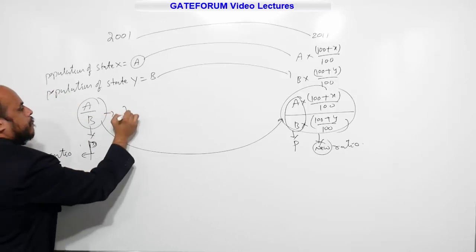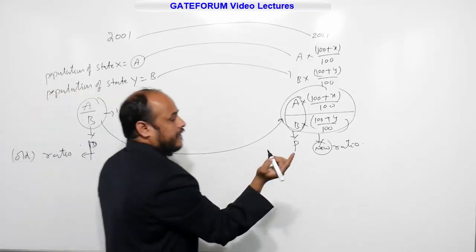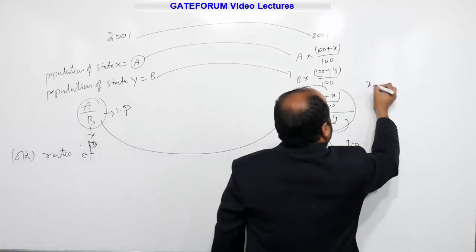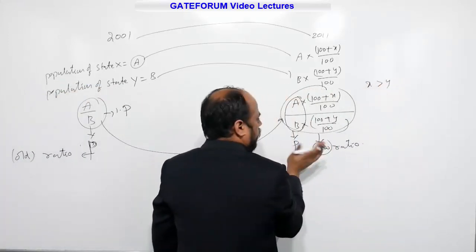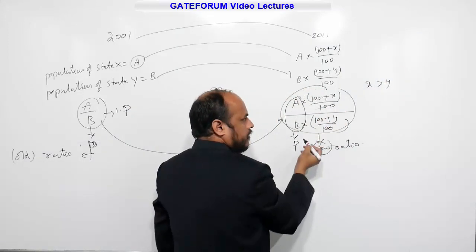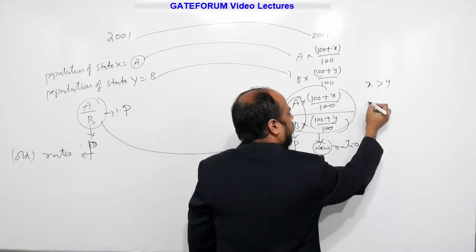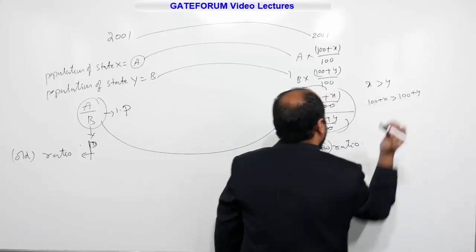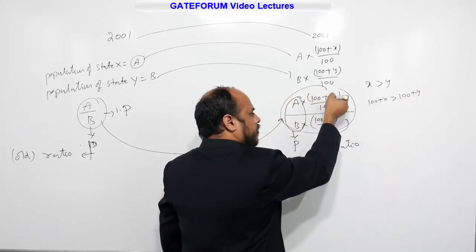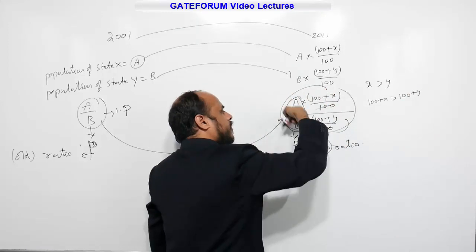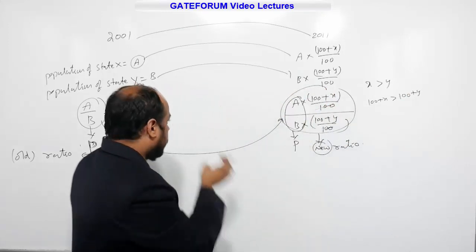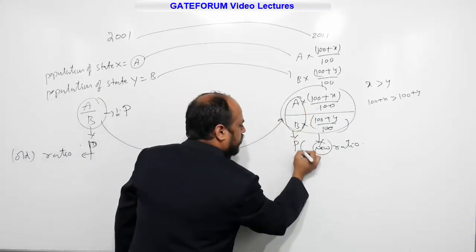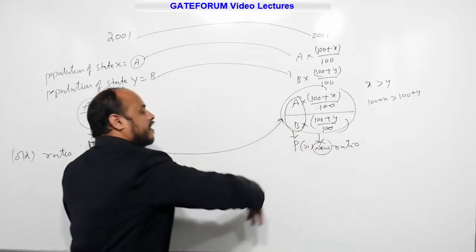Here it is clearly mentioned that X is greater than Y, so the 100 gets cancelled. If X is greater than Y, definitely 100 plus X is greater than 100 plus Y. Whenever the numerator is more than the denominator, the fraction value is more than 1. That's why here the coefficient of P is more than 1, so clearly the value is increasing.